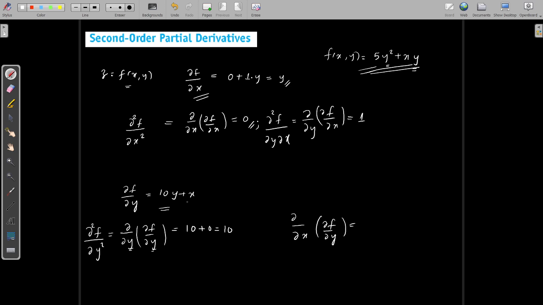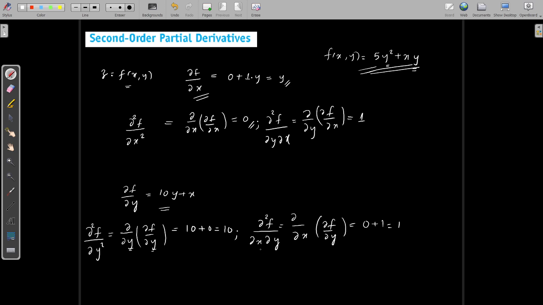The first term will be 0 and the derivative of the second term will be 1, because 10y is taken as constant, so the derivative of that term is 0. So this will be 0 plus 1, which is equal to 1. This is represented by d squared f by dx dy.